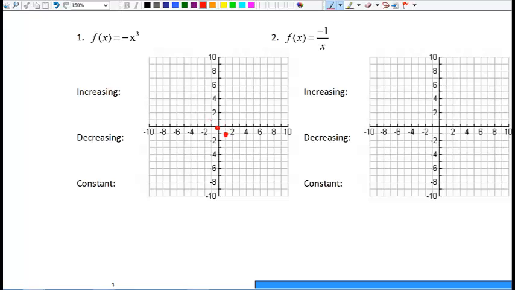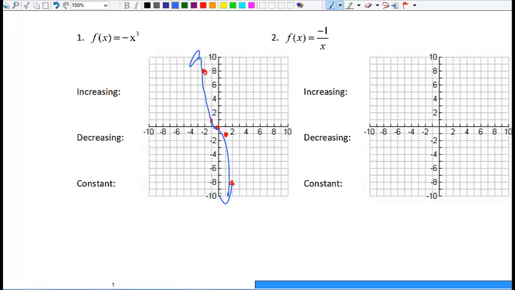And when x goes to negative 1, y goes to positive 1, because we're dealing with negative x cubed. And then when x is 2, we get negative 8 here, and when x is negative 2, we get positive 8 here. Okay, so we're looking at this piece.